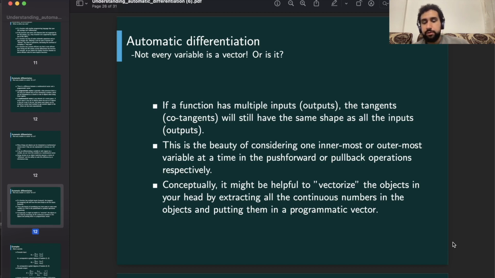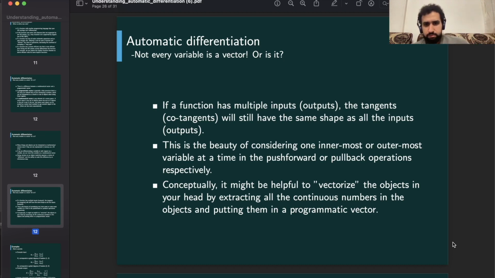If you have 3 outputs and each output is a different data structure, then the cotangent will also have 3 elements, and each of those elements will have a similar data structure to the corresponding element in the output. Right, and so that really gives you this ability to reason about propagating tangents and cotangents or derivatives with the forward rules and the reverse rules in Julia, or really any other programming language that has similar semantics to Julia, but I'm only familiar with Julia for automatic differentiation.